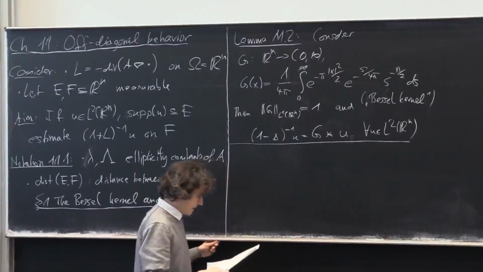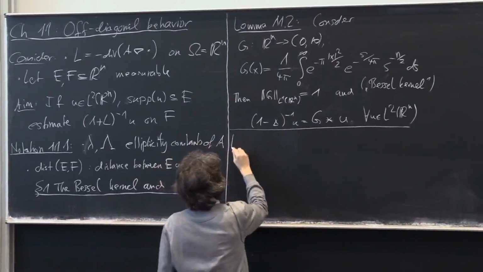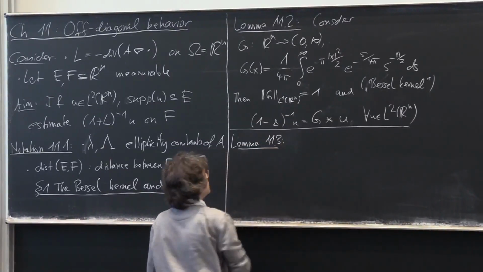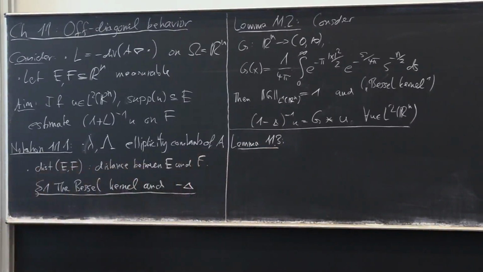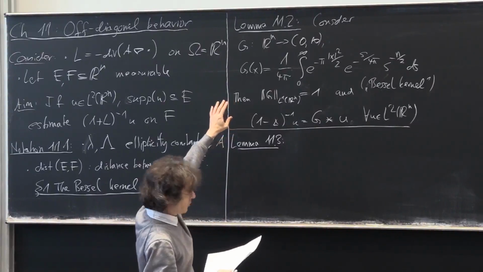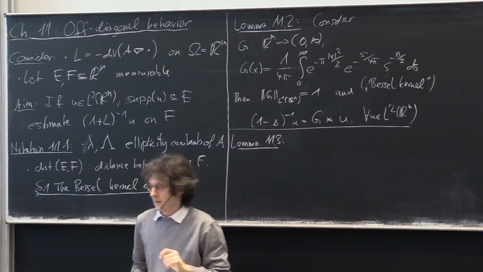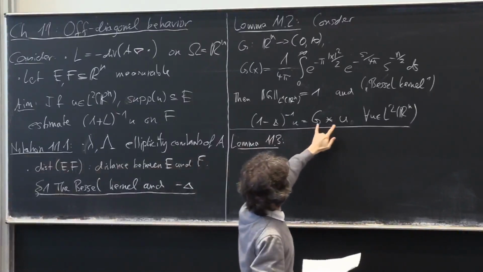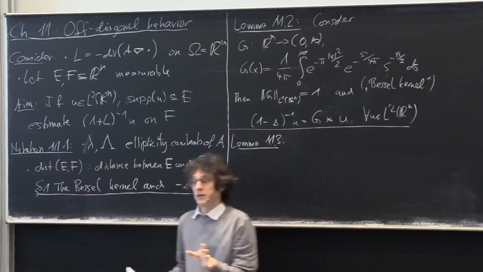Okay. And in order to look at this off-diagonal behavior, it's a good thing to get an estimate on this function g for large x. Why? Because the resolvent is given as the convolution of g with u.